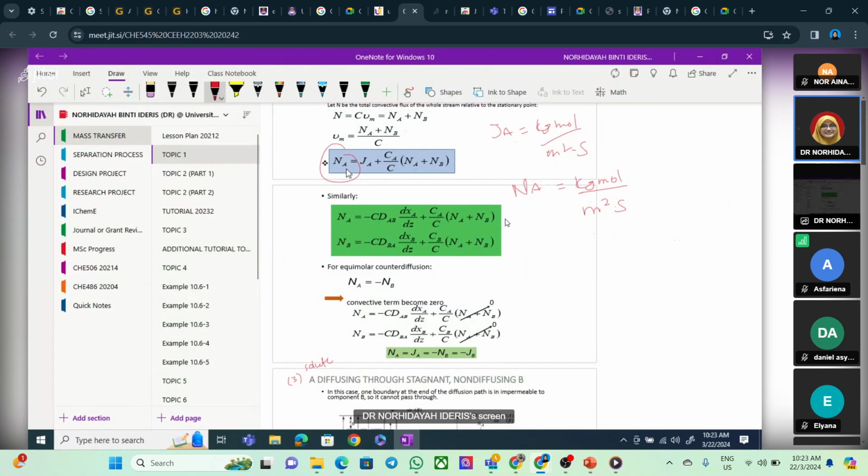mass. Alright, so for our syllabus, under molecular diffusion in gases, we're going to talk about two cases using this NA.